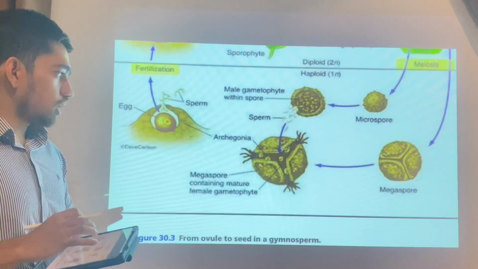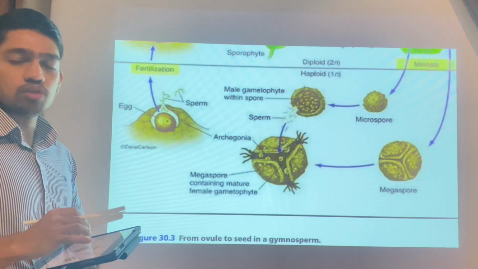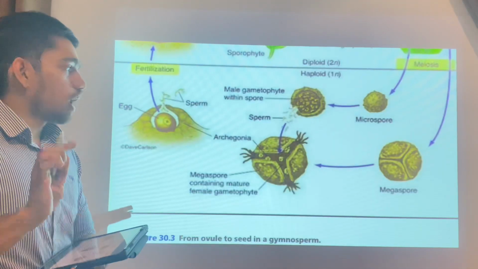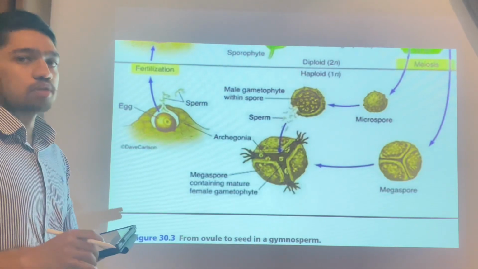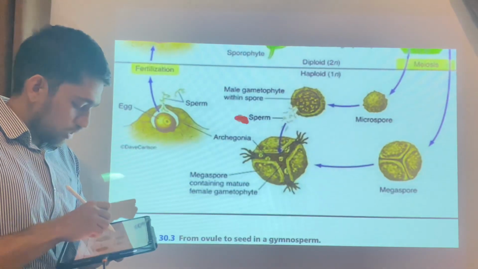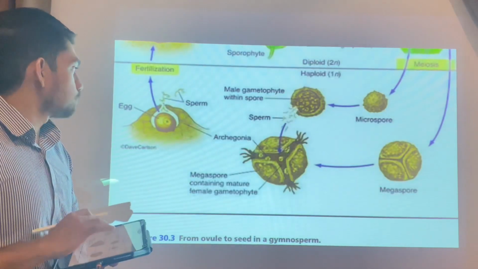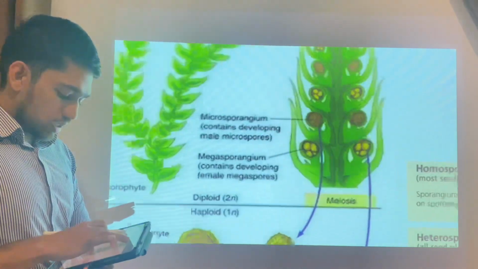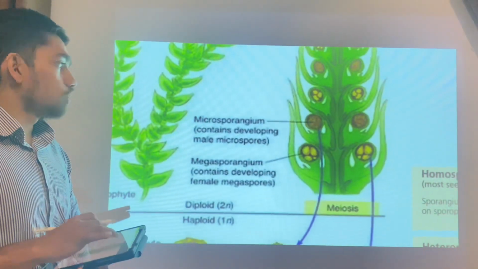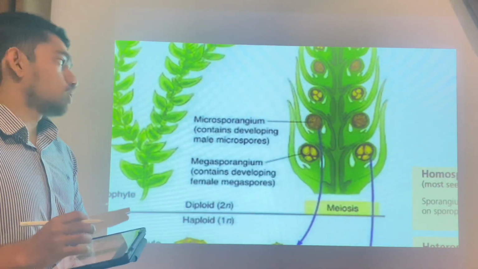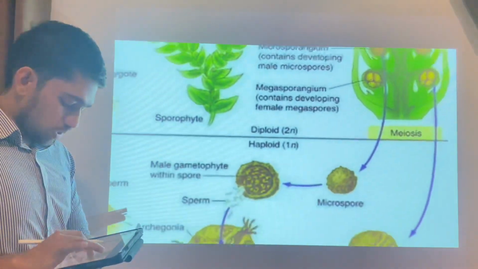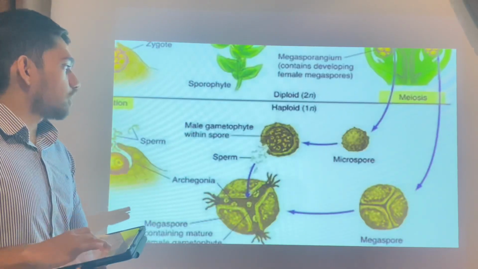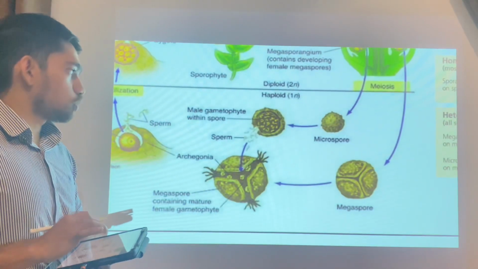The female gametophyte will have its own reproductive organs we call gametangia, and the female gametangia have the special name archegonia. Now let's focus on your microspores. You can see a microsporangium produces many microspores. When these microspores are dispersed to the outside, a male gametophyte will arise within the microspore.